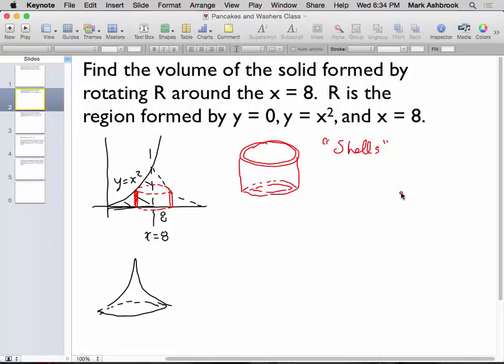So what's the volume of that thing? To see what the volume is, we want to cut it. These are my very best scissors.